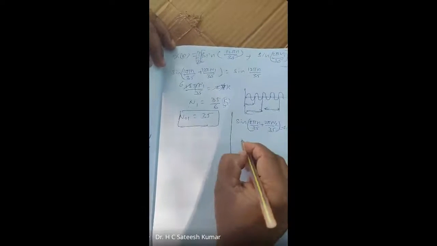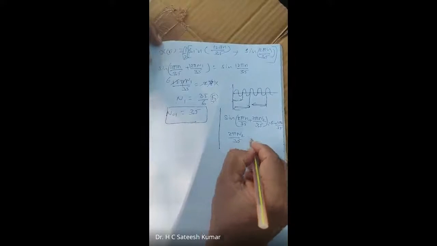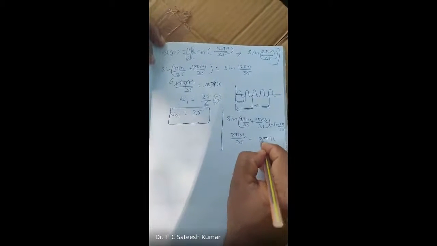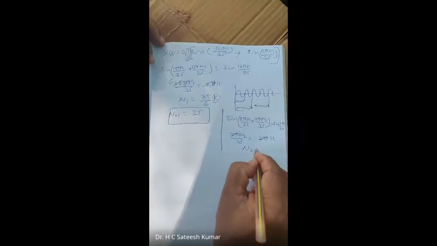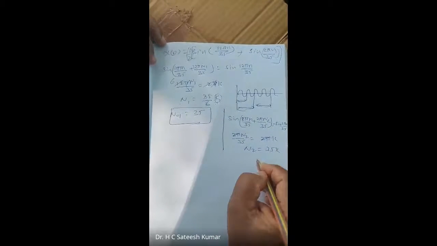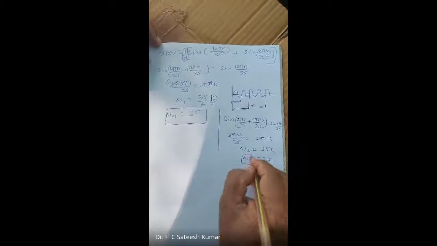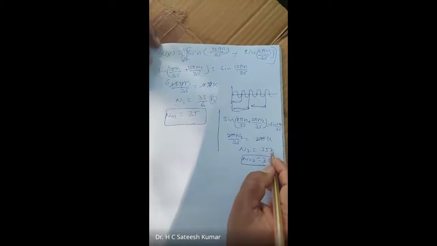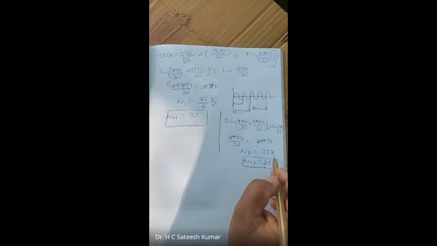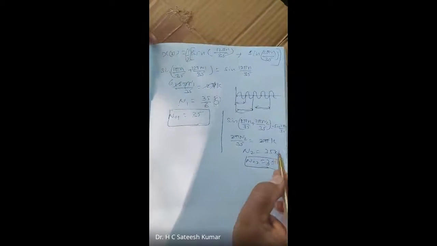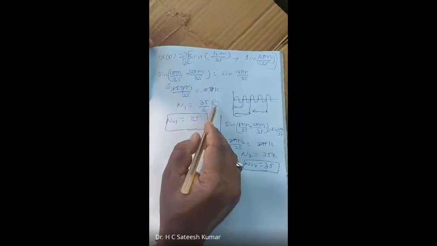When these two are equal, 2 pi n2 divided by 35 is equal to 2 pi k. 2 pi gets cancelled. n2 is equal to 35k. n02 is equal to 35. The least integer value here is 1. For 1 itself, we will get the fundamental period.